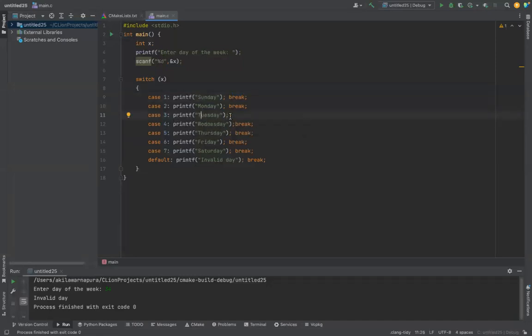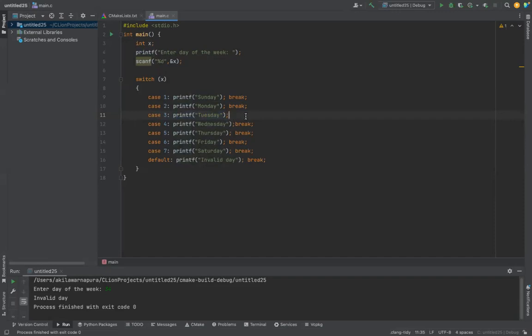So if you forget to provide the break keyword in case 3, then what happens if the user enters the value 3? Case 1 does not match, because the user entered 3. Case 2 also doesn't match. Case 3, yes, it matches. Then it prints Tuesday.